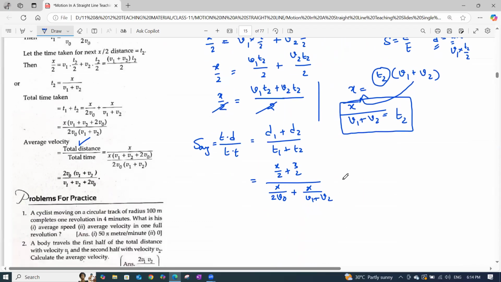Now we need to solve this. In the numerator, x by 2 plus x by 2 is x.